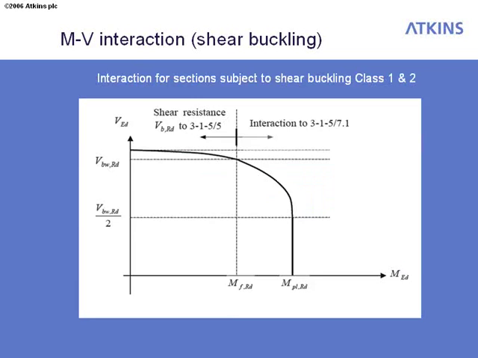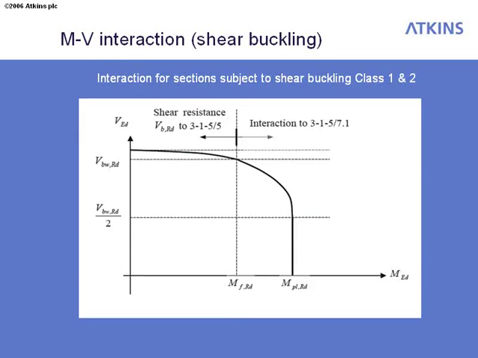So as you can see, it is a little bit different from the section where we had no shear buckling, because you've got a bit of a curve up here, but otherwise it's essentially a very similar interaction using slightly different numbers. But again, you do get quite a lot more benefit than what you had for BS5400.